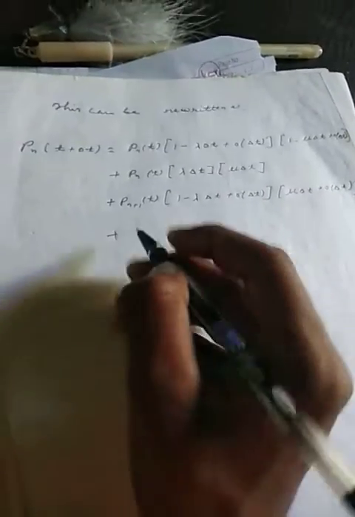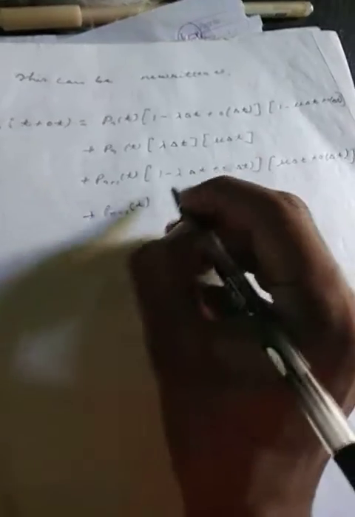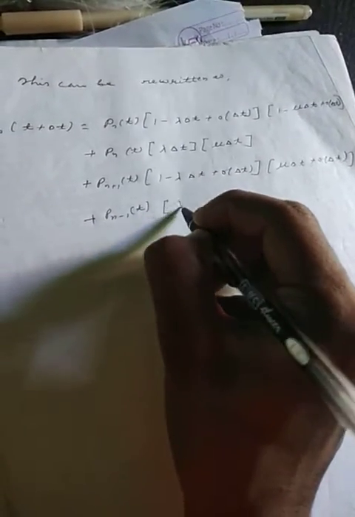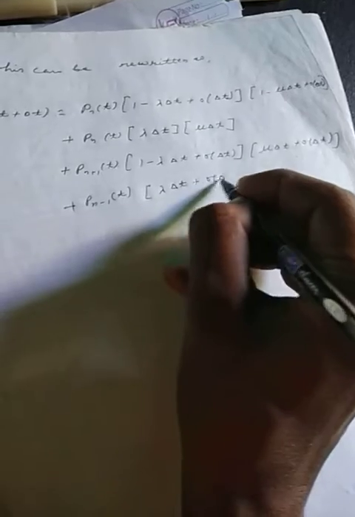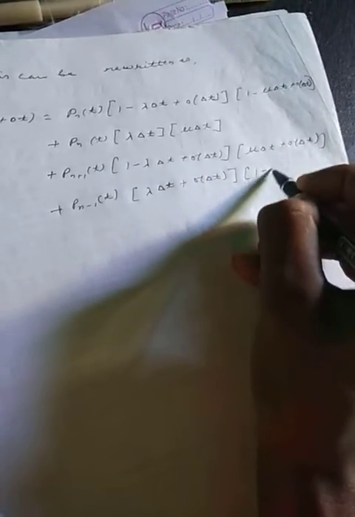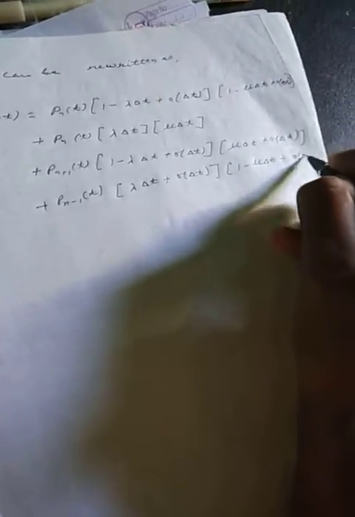plus Pn-1(t) times [lambda delta t plus order of delta t] and this into [1 minus mu delta t plus order of delta t].